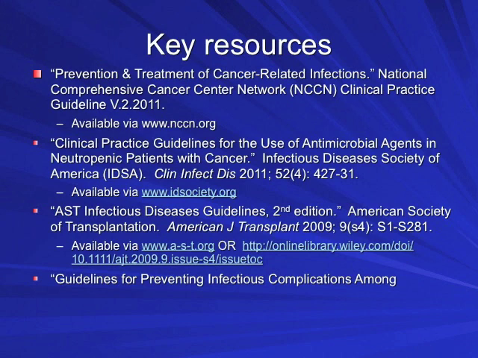Also, Clinical Practice Guidelines for the use of antimicrobial agents in neutropenic patients with cancer, which is available at idsociety.org, the IDSA website. And also the American Society of Transplant ID guidelines, which are also available online for solid organ transplant patients, as well as the guidelines for preventing infectious complications in allogeneic stem cell transplant recipients.